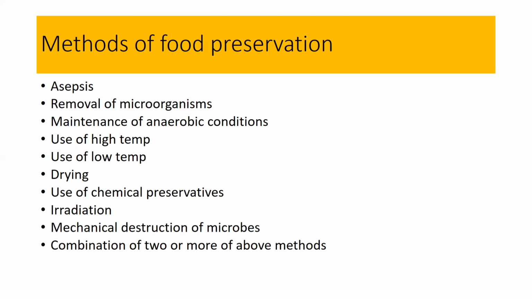The next method is removal of microorganisms. Removal of microorganisms is not very effective in food preservation, but under special conditions, it may be helpful. Removal may be accomplished by means of filtration or centrifugation or washing or trimming, etc. Filtration is the only successful method for complete removal of microorganisms and its use is limited to clear liquids.